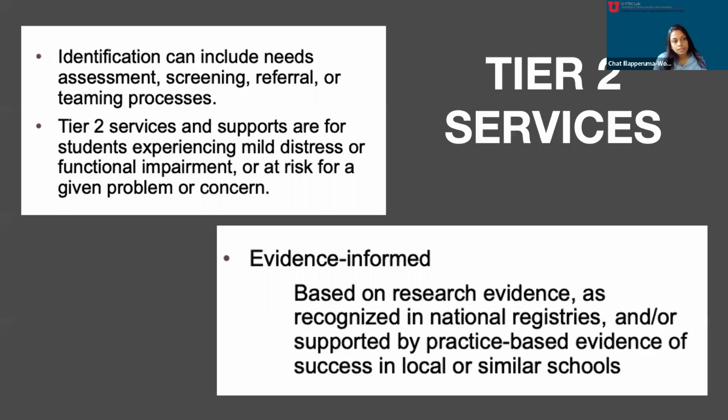We have assessments, we have screening, we have referrals that come in through educators or caregivers, and we also have teaming, where your well-being teams get together and discuss certain students who may be experiencing concerns. So there are so many avenues where students can get referred for tier 2 services. And once again, students who do receive tier 2 services are those who are expressing mild, very minor red flags or are at risk for certain given problems or concerns.